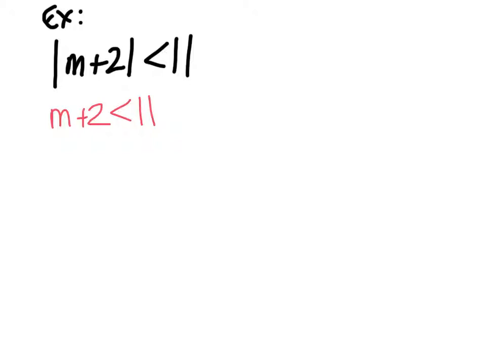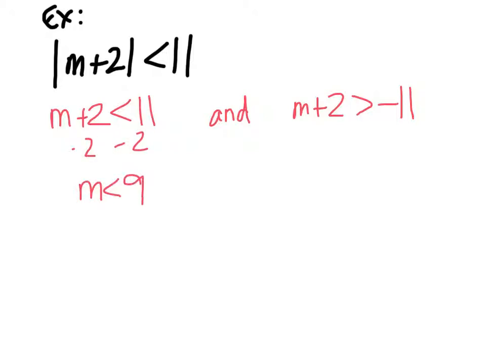Then I'm going to think about my number line and say, if it's less than 11, it can't go on forever. It also has to be greater than negative 11, because on my number line it has to be between 11 and negative 11. So then I'm going to solve: minus 2, m is less than 9, and minus 2, m is greater than negative 13, and then I'm going to graph them.